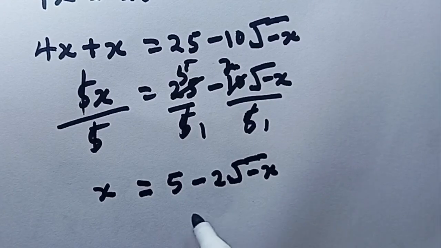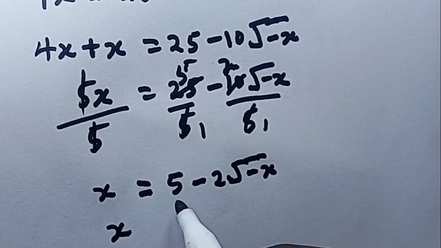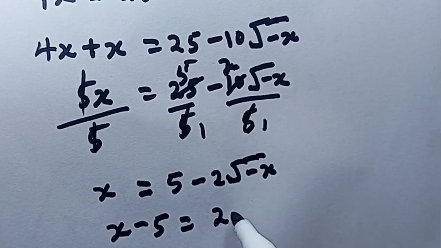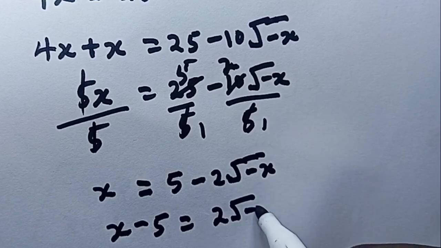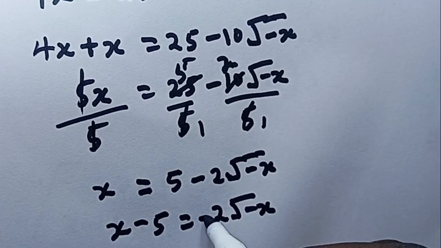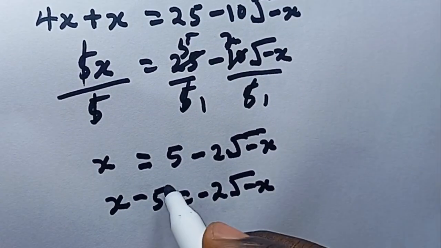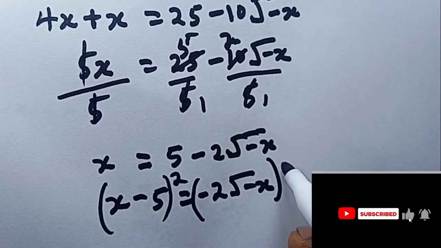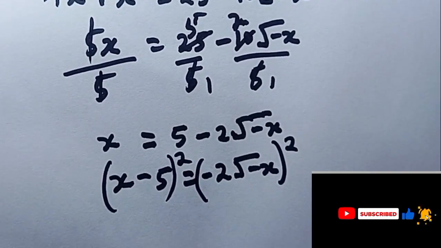Okay, so moving on, I will also subtract 5 from both sides, so that I have the one that contains the radical just on the right hand side, and then I can go ahead to also take the square of both sides again, so I can remove the radical right here.